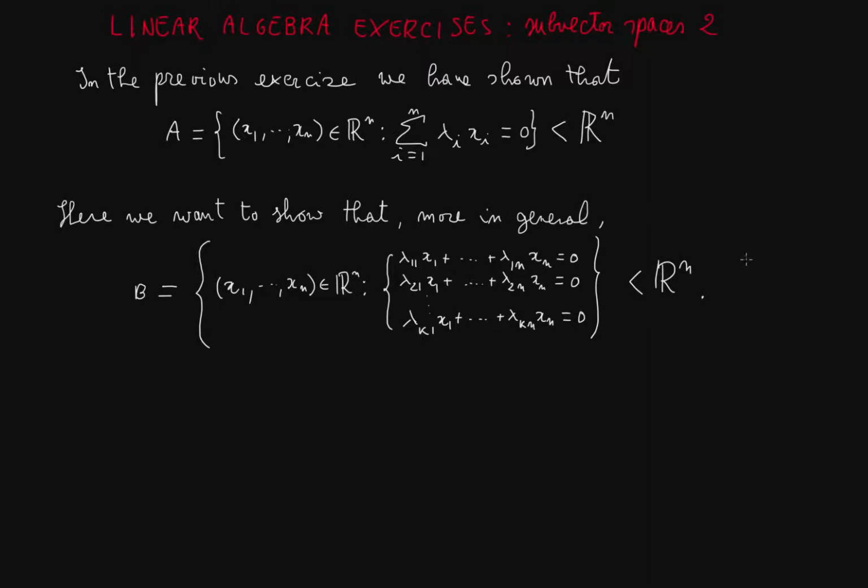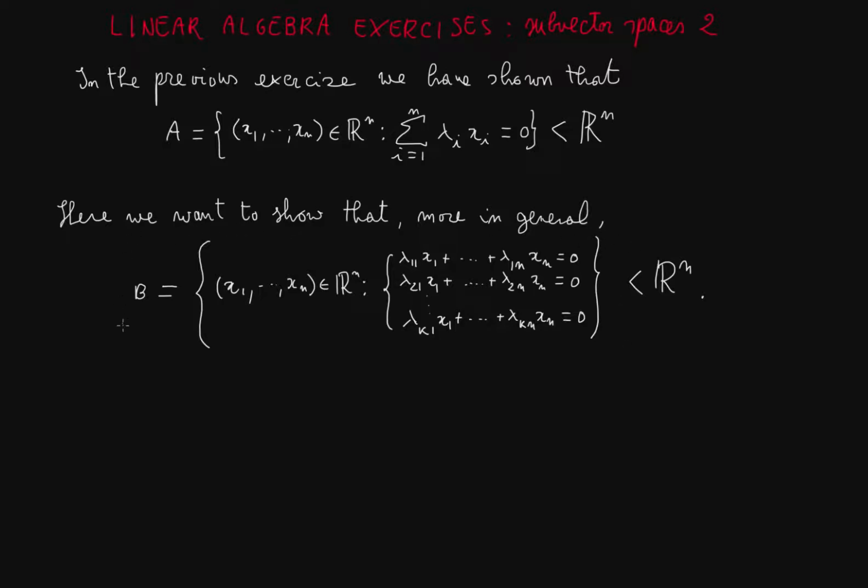There is a fundamental remark that I would like to make at this point. Any set B of this form is going to be a subvector space. But in fact, any subvector space of Rn is going to be of this kind. So we cannot prove it now.